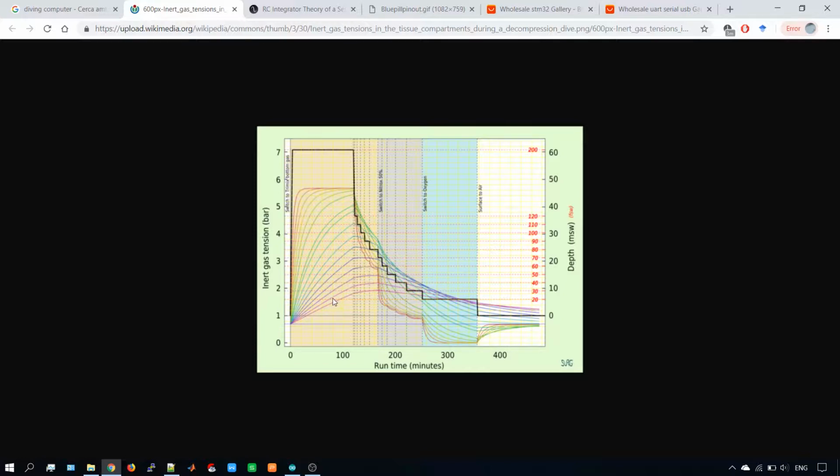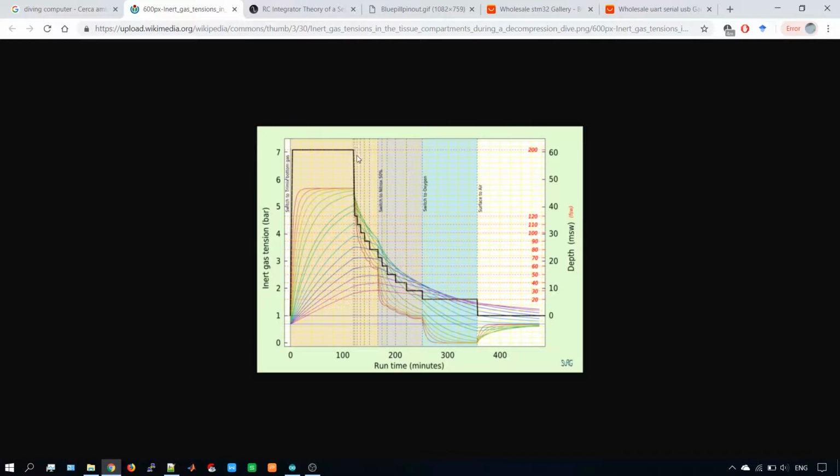And then you have the purple here, which are the parts of the body where nitrogen can reach with more difficulty, like the fat or maybe the inside of some other organs. And then you see, you go deep, you stay at this depth, and progressively the different parts of your body saturate with nitrogen at different velocities.